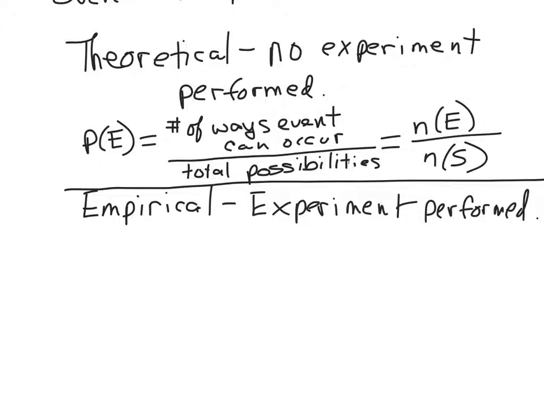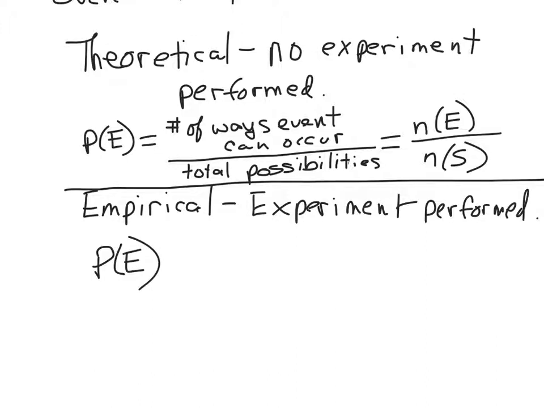So how would I figure the probability then? It would be the number of times the chair landed on all fours over the number of times I performed the experiment. That is the very definition of empirical probability.